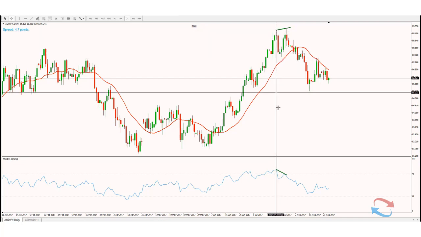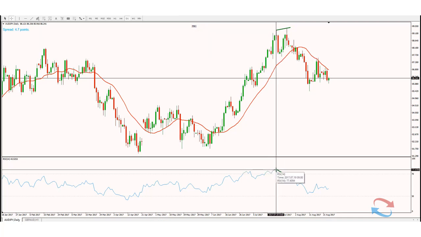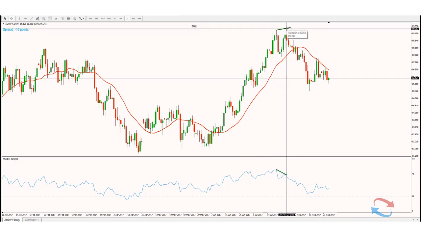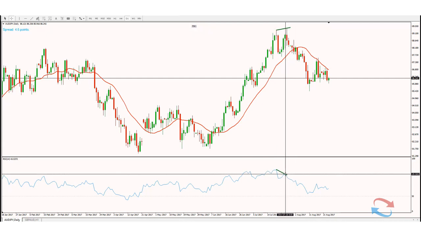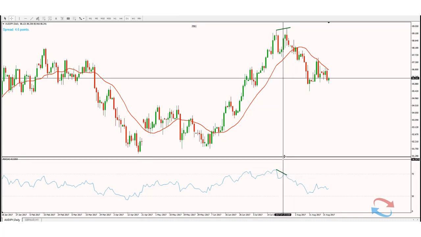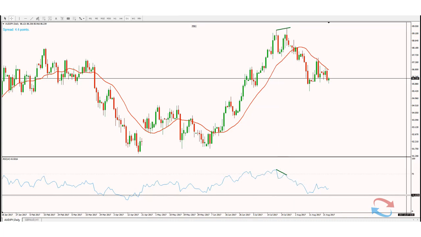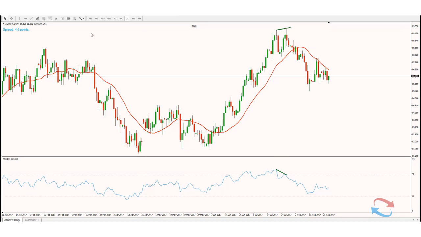Right at this high, we've got a high on the indicator as well. On the next high, the indicator puts in a lower high. At this point, we can say price is diverging, in the sense that they are separating or parting from each other. So let's zoom in further and discuss some of the specifics of what constitutes a divergence.